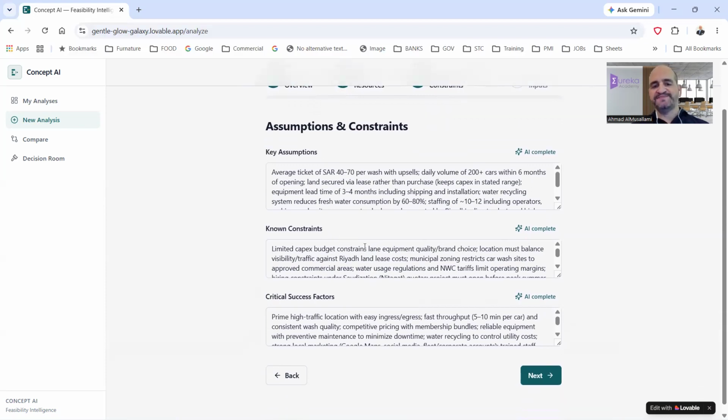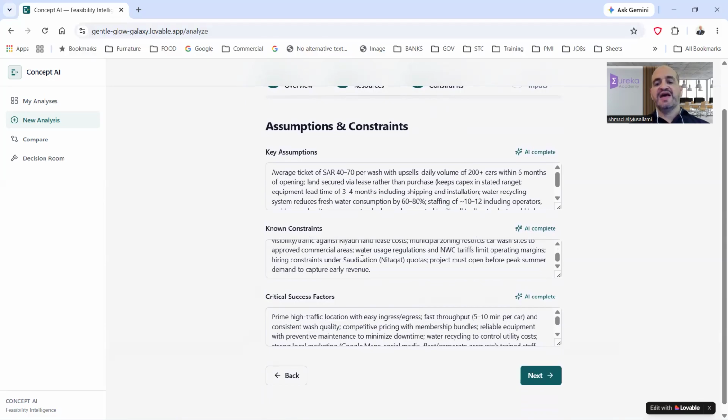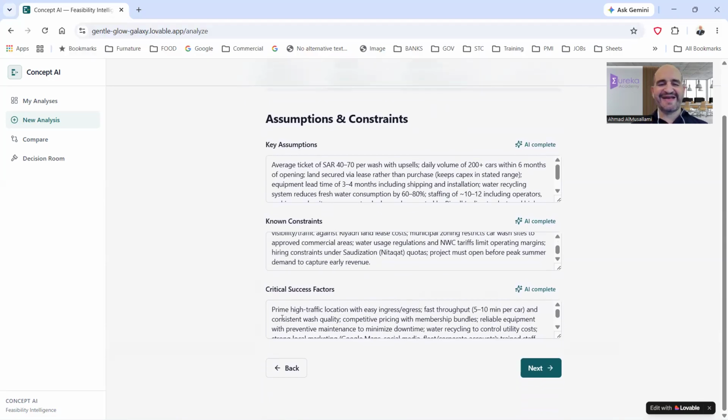Known constraints, first, the equipment is a large part of the project capex. And I'm just trying to take the keynotes. Critical success factors we're talking here about making transactions and making sure that the service is quick, 5 to 10 minutes per car.